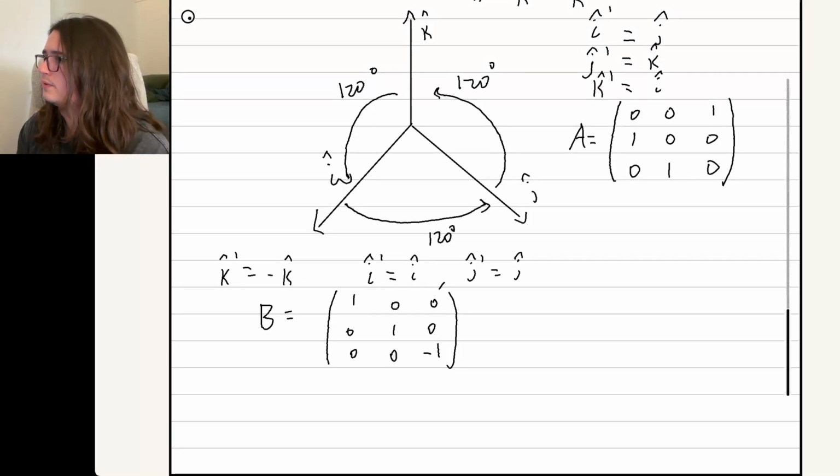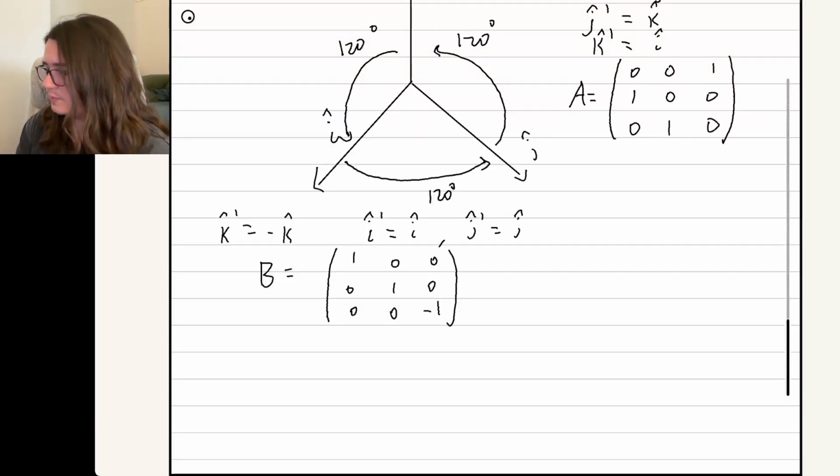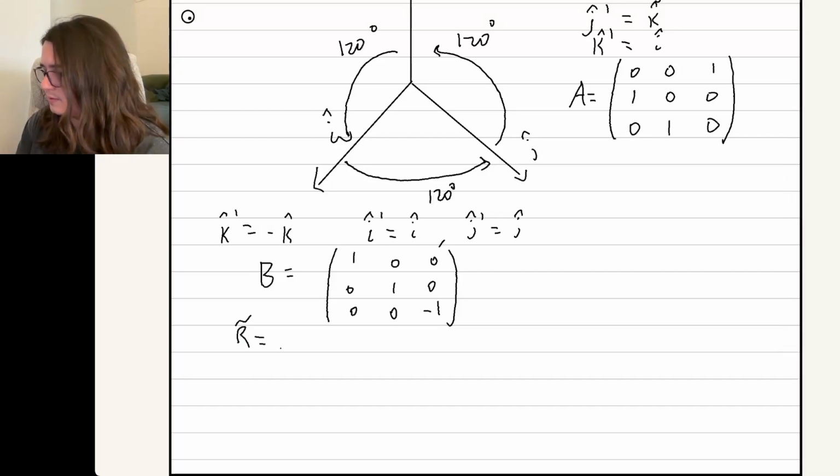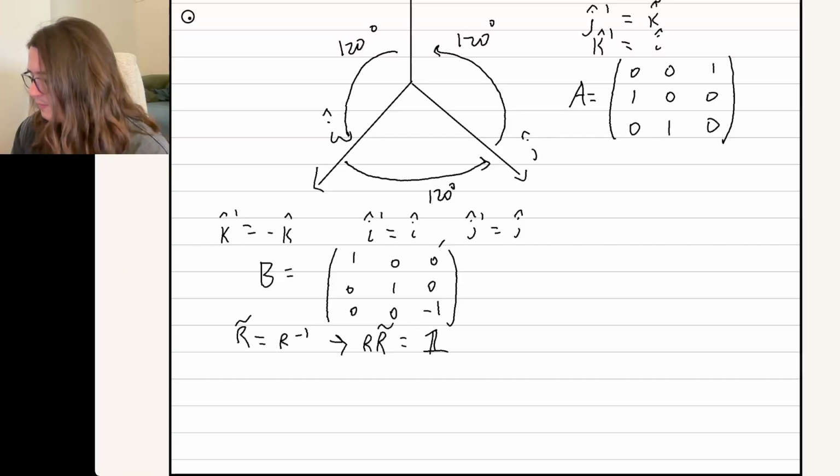We have to now check that all of these are orthogonal matrices. Orthogonal matrices being ones where the transpose is equal to its inverse, or more eloquently, what we're going to use, that if you multiply the matrix by its transpose, you get the identity matrix, right?